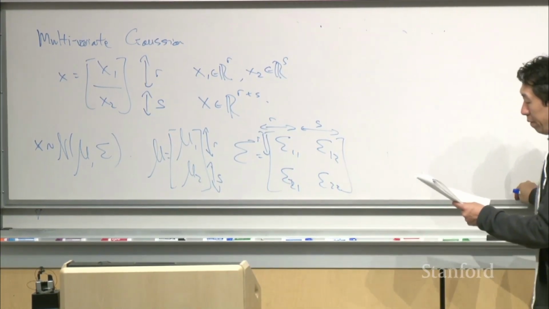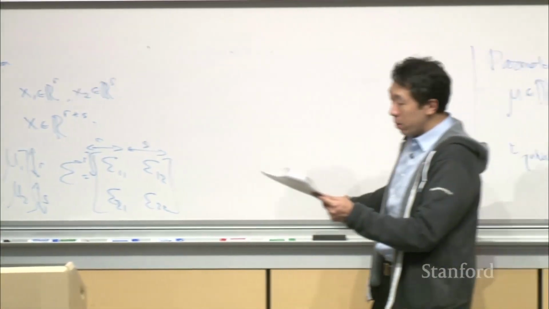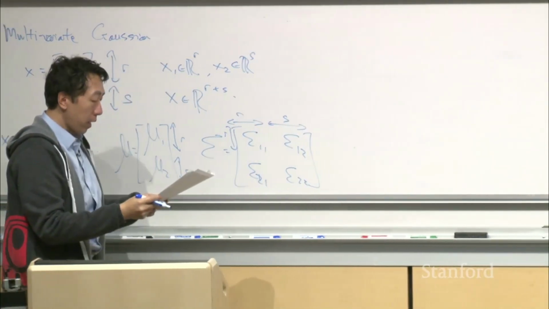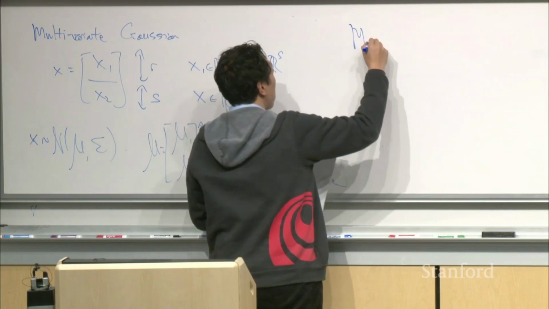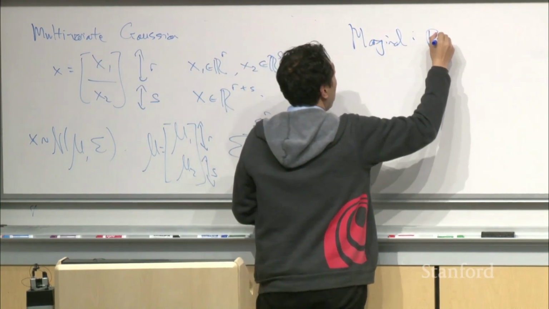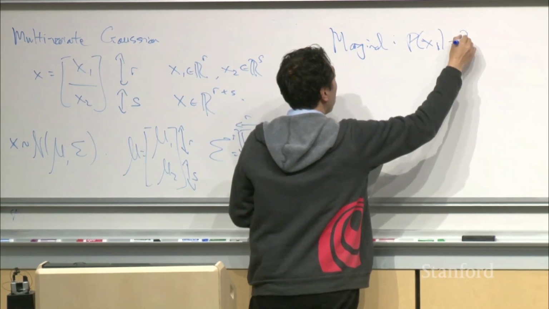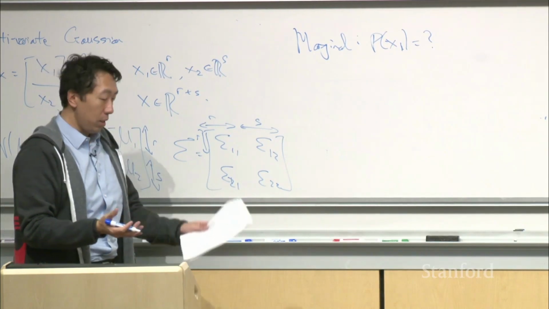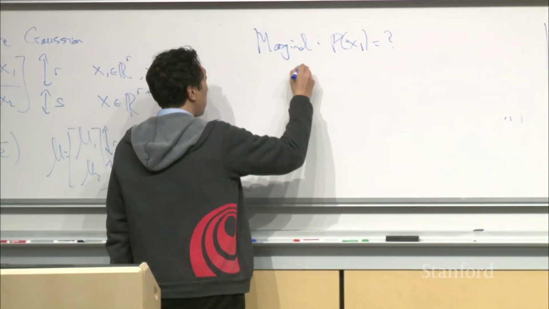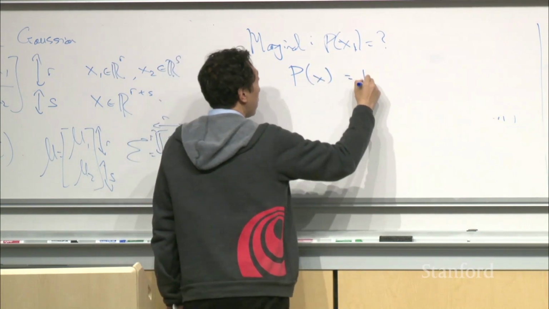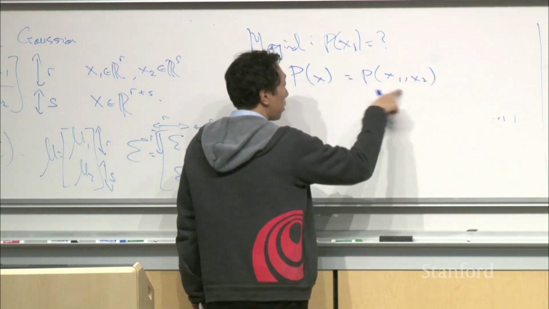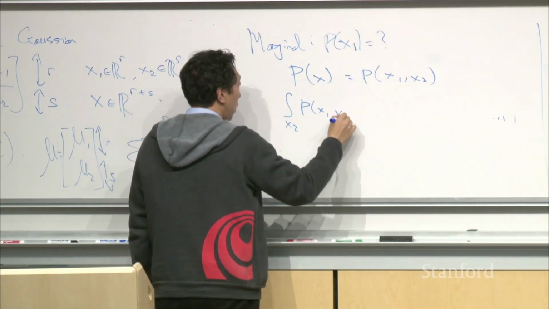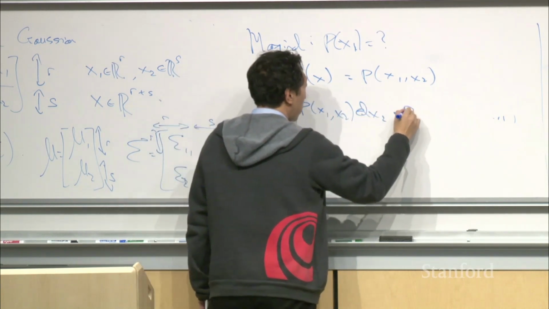So in order to derive factor analysis, one of the things you need to do is compute marginal and conditional distributions of Gaussians. So the marginal is: what is P of X1? The way you compute it is to take the joint density P of X, which you can write as P of X1, X2, because X can be partitioned into X1 and X2, and then integrate out X2 of P of X1, X2, dx2, and this will give you P of X1.